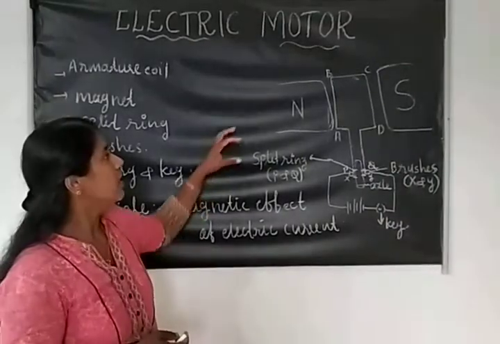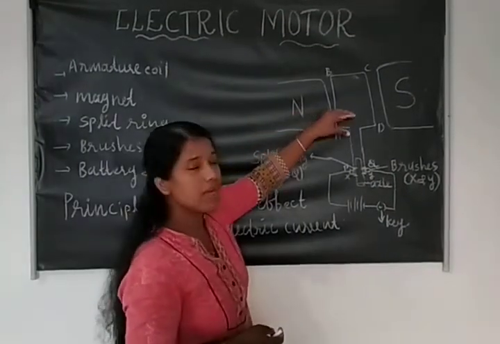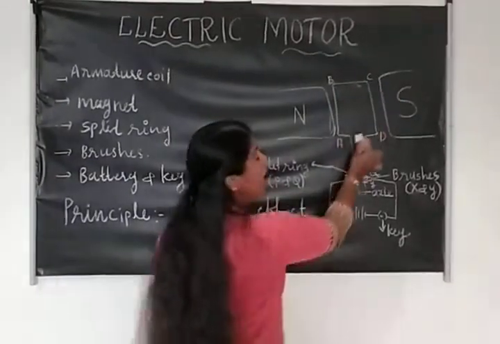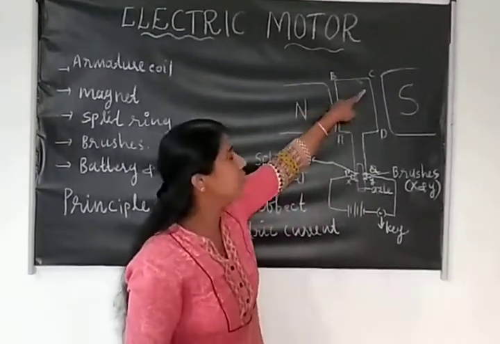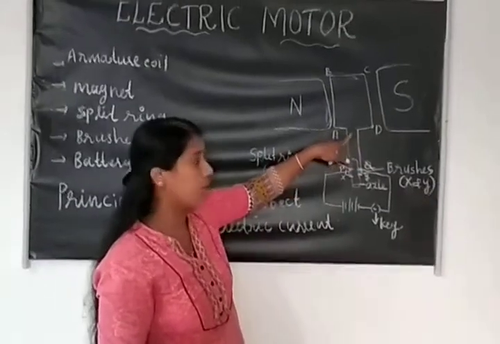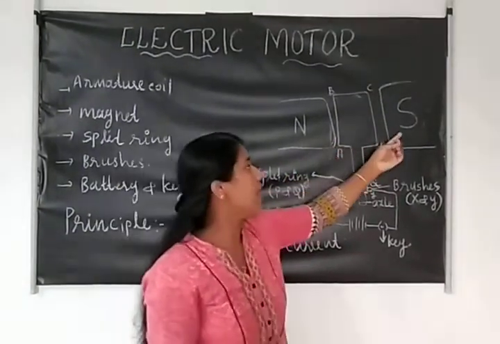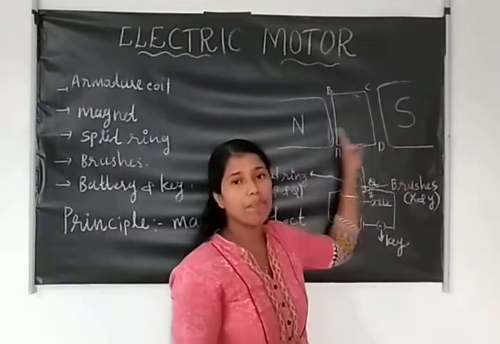Then what are the basic parts of electric motor? Here one coil is there. This is rectangular coil ABCD of insulated copper wire, placed between a strong magnet.